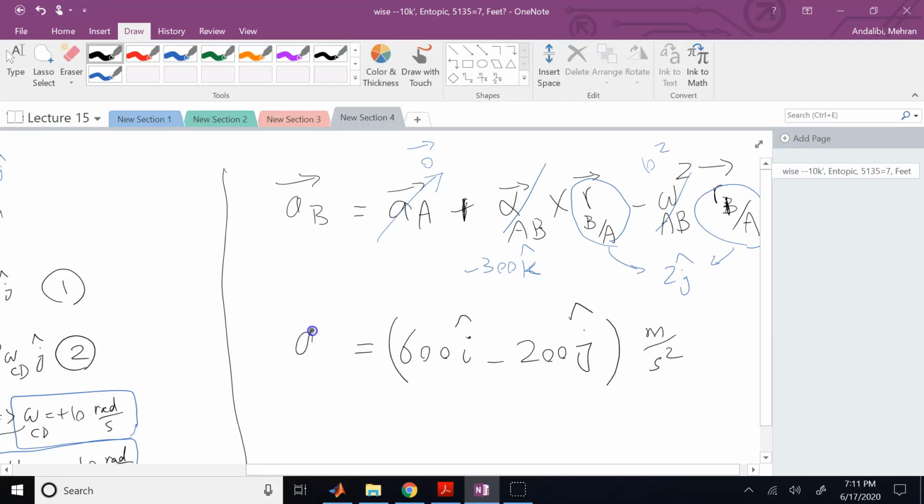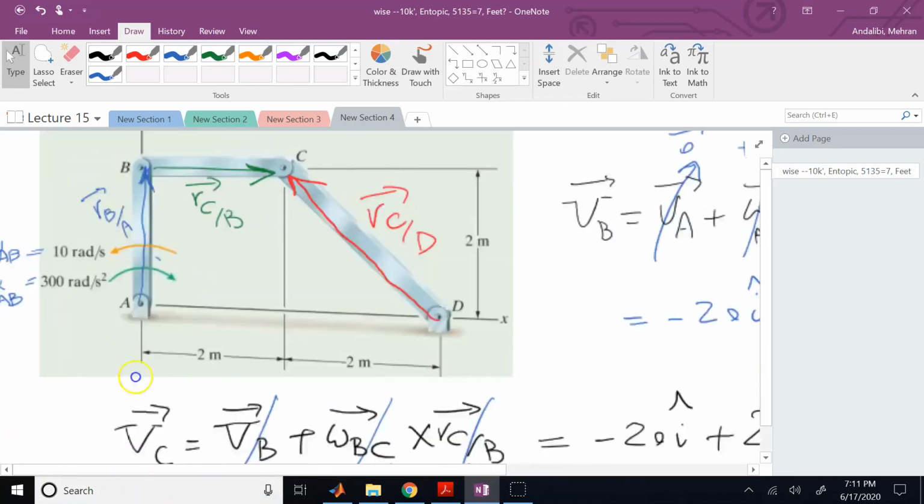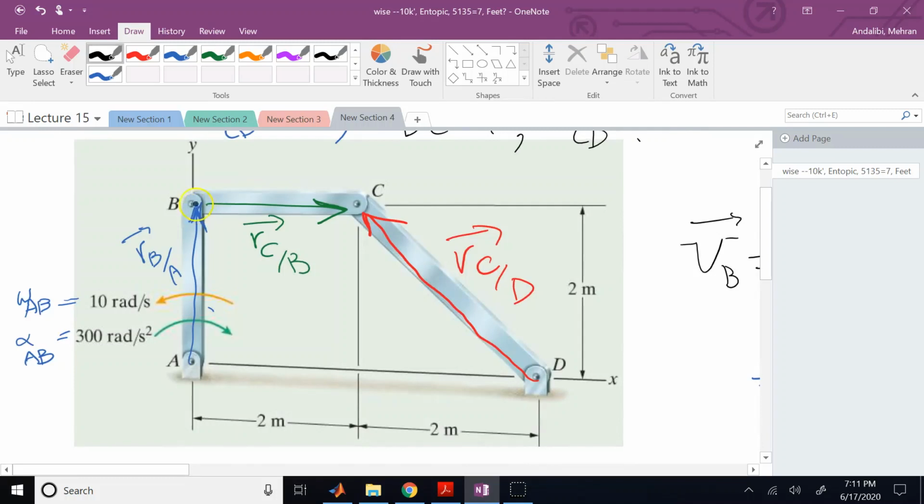Does that make sense? It says it is to the right and downward. Is that correct? Well, we know B is rotating about the pin point, about the fixed point. Therefore, it has two accelerations in general, a tangential and a normal. The tangential is determined by the direction of alpha. Since alpha is clockwise, the tangential is this one.